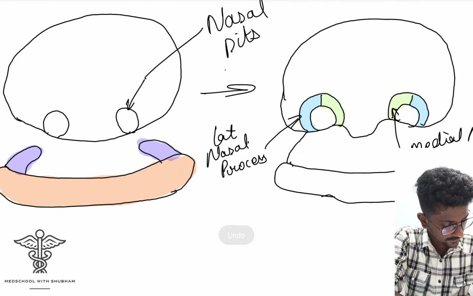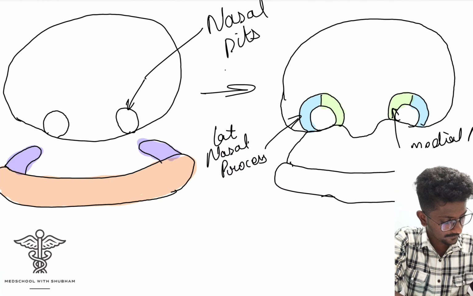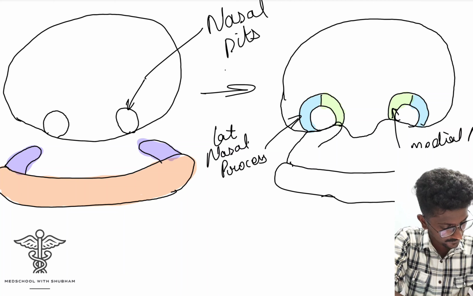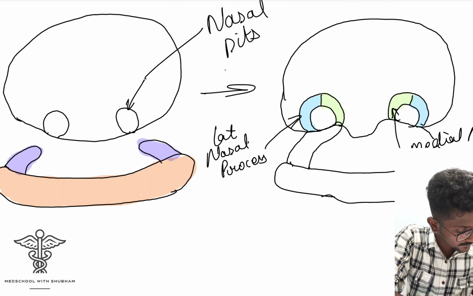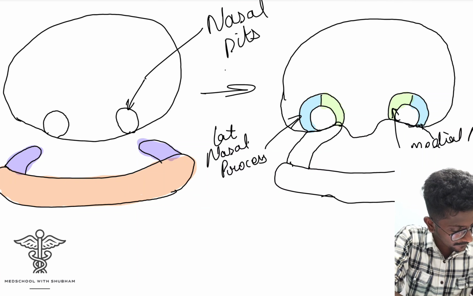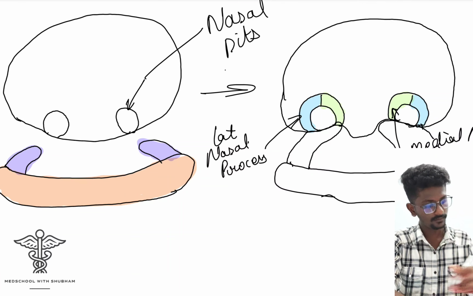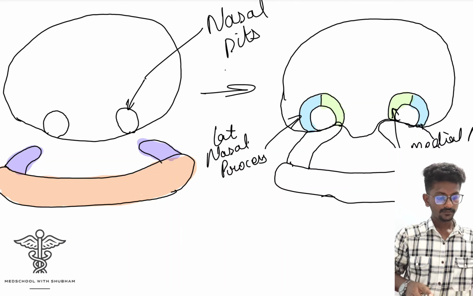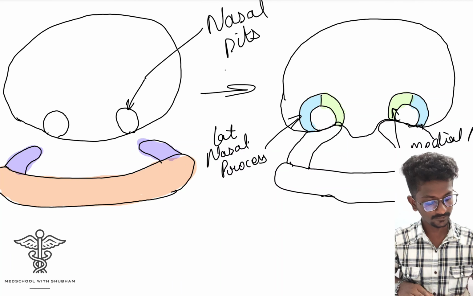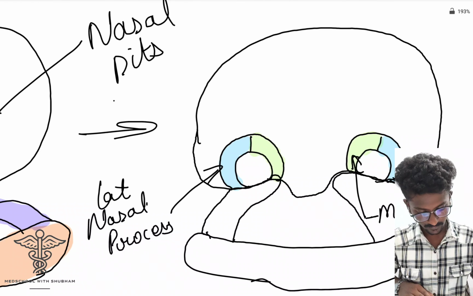It is touching the lateral nasal process, but ultimately it is fusing with the medial nasal process. So this was about the maxillary process. Now what will happen further?